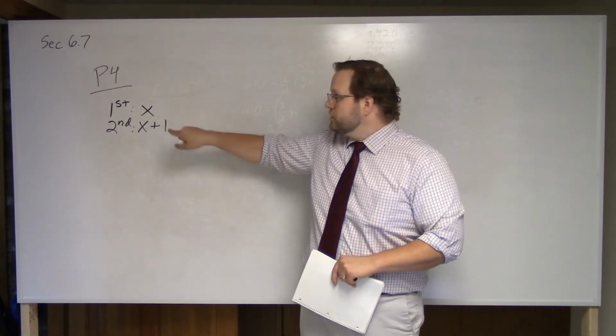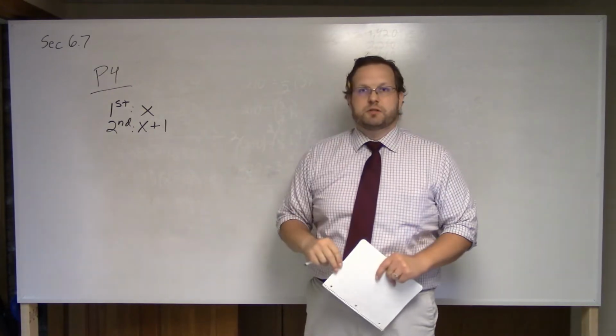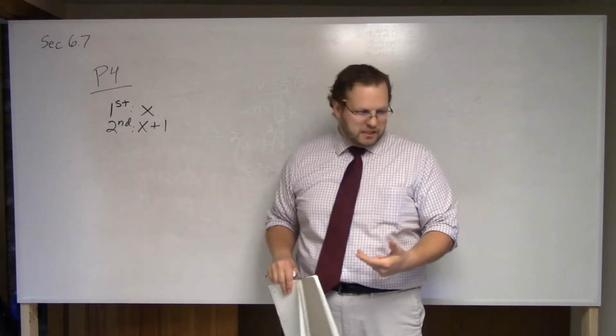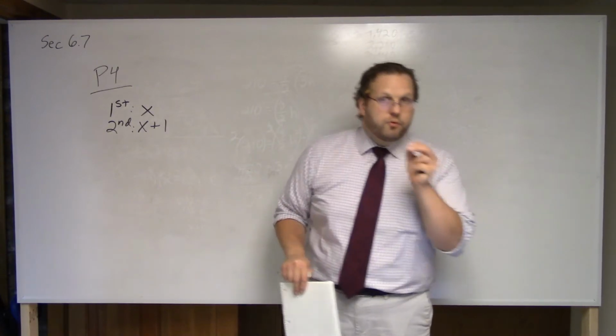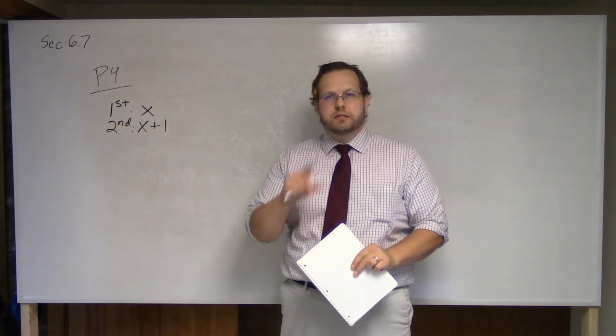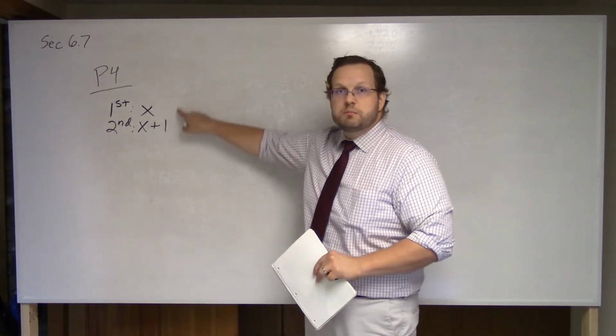So we've got x and x plus 1. Those are our pieces of the puzzle, so to speak. Those are two consecutive integers. But they say the product of those is 41 more than their sum. So let's think about that. Product means multiply.